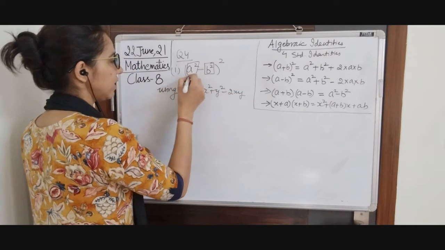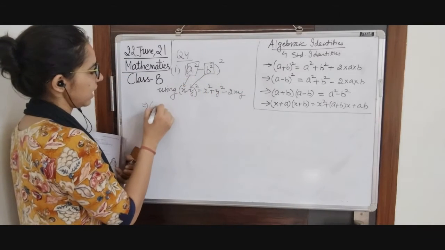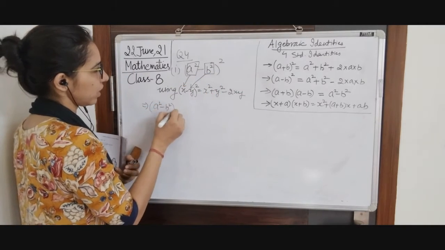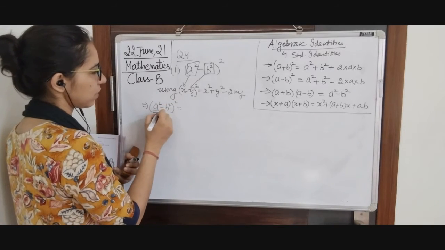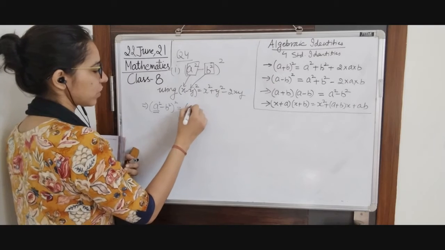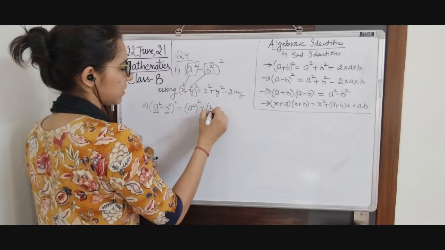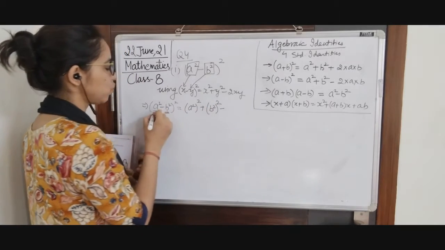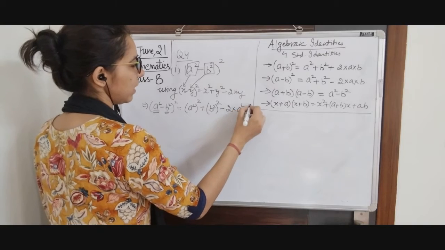Here this is x and this is y. It implies (a square minus b square) whole square will be equal to the square of the first term, (a square) whole square, plus the square of the second term, minus 2 into the product of the terms. It will be like this.